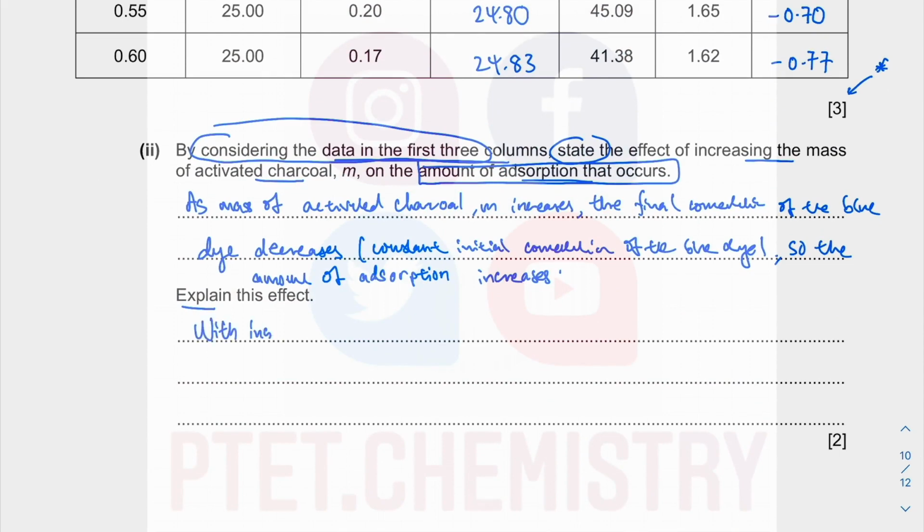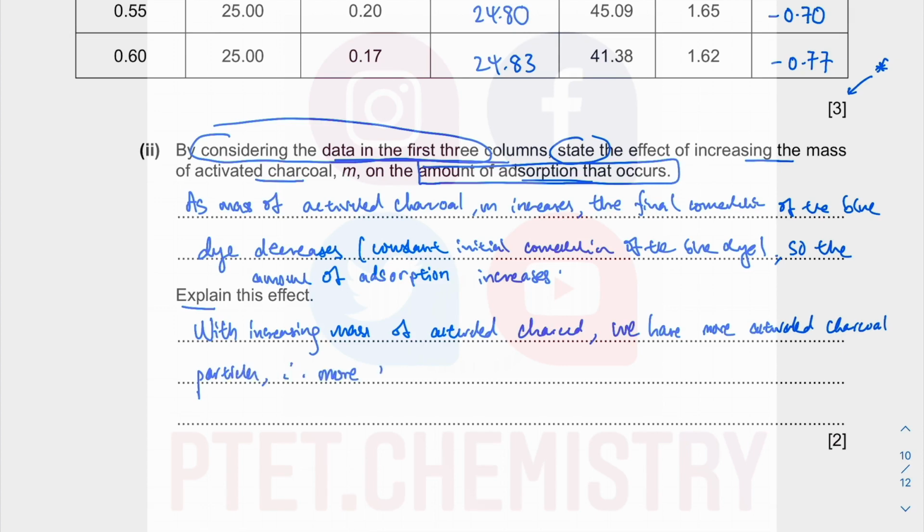With increasing mass of the activated charcoal, we have more activated charcoal particles, therefore more surface area of the solid onto which the blue dye can bond, or the word they use was adsorb.